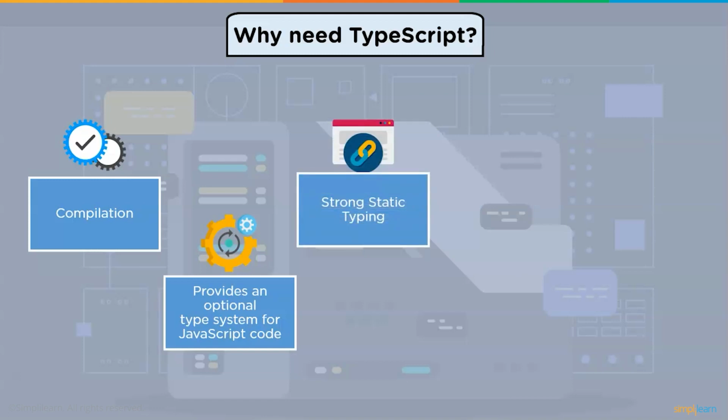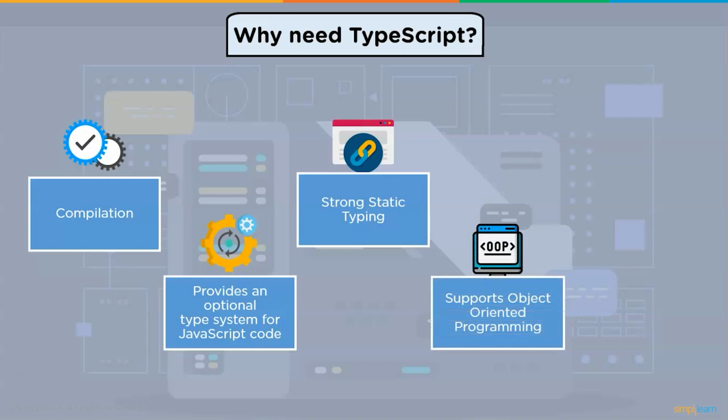Strong static typing. JavaScript does not have a powerful static typing system. Through the TLS, TypeScript comes with an optional static typing and type inference system. The TLS, that is the TypeScript language service, can deduce the type of a variable defined with no type based on its value. TypeScript supports object-oriented programming.